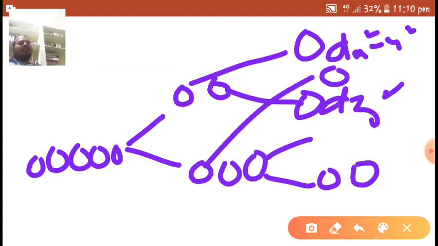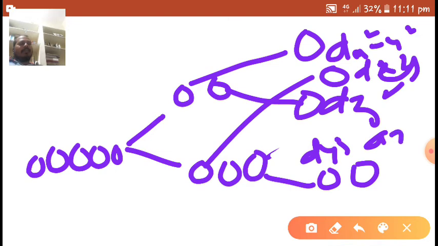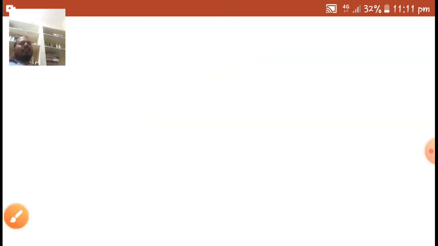The energy of dyz and dzx orbital is decreased. So wherever z is there, their energy is decreased. So the order is dx square minus y square, dxy, dz square, dyz and dzx. This is the order.